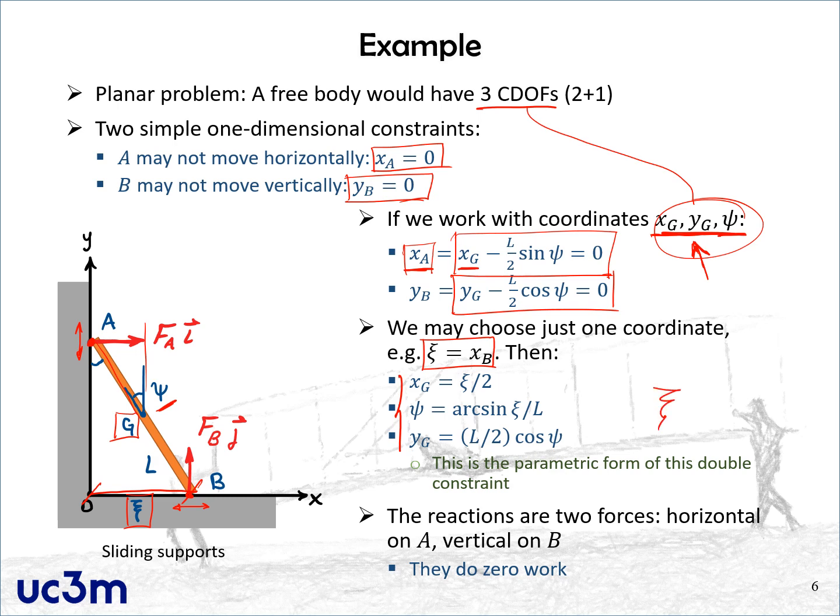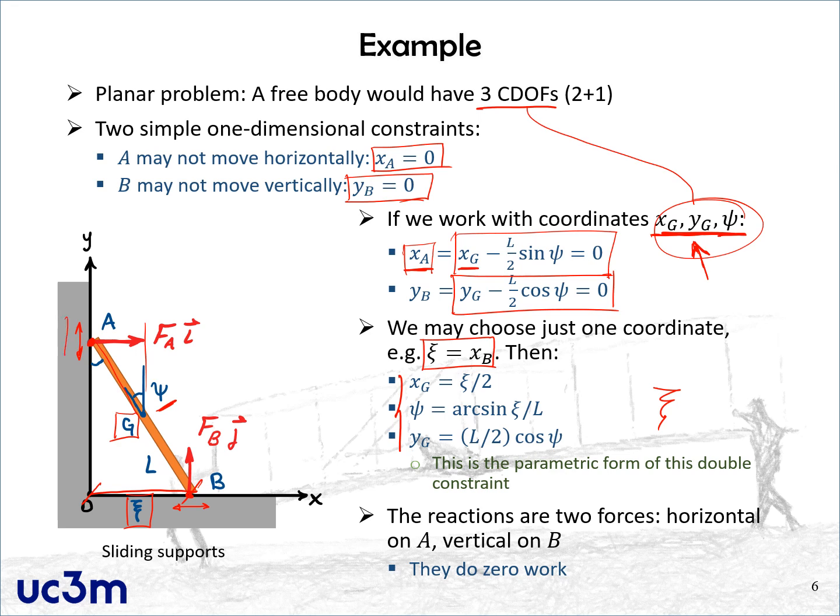Observe that we have a number of reactions due to these constraints. We expect a total of 2 independent reactions because we have a dimension 2 constraint. And those are the forces applied on A and B. They are forces that are applied in the direction of the forbidden motion of each point.